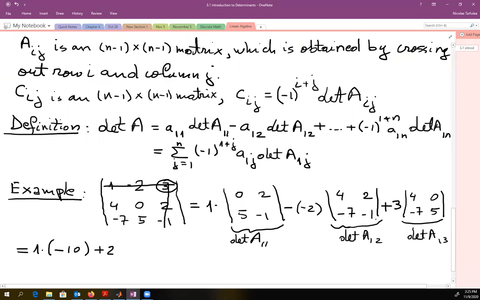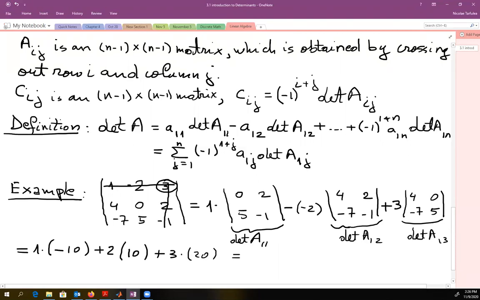It's 4 times -1 minus -7 times 2. Well, so you have -4 plus 14. So it's 10, right? And finally, plus 3. The last determinant is 4 times 5, which is 20, minus 7 times 0. Well, 20 minus 0, so this is 20.